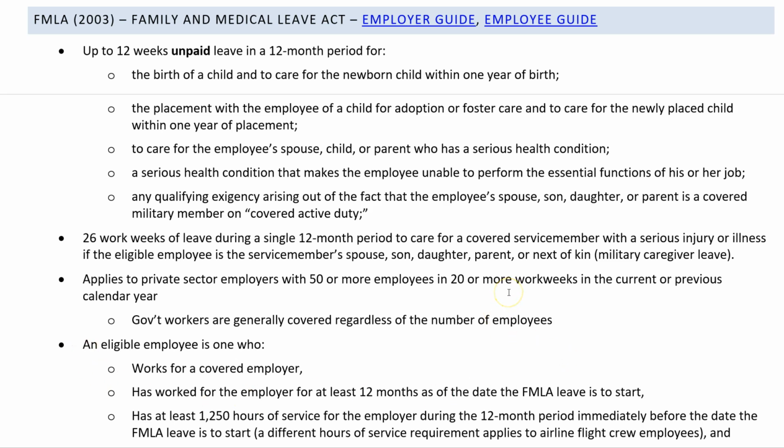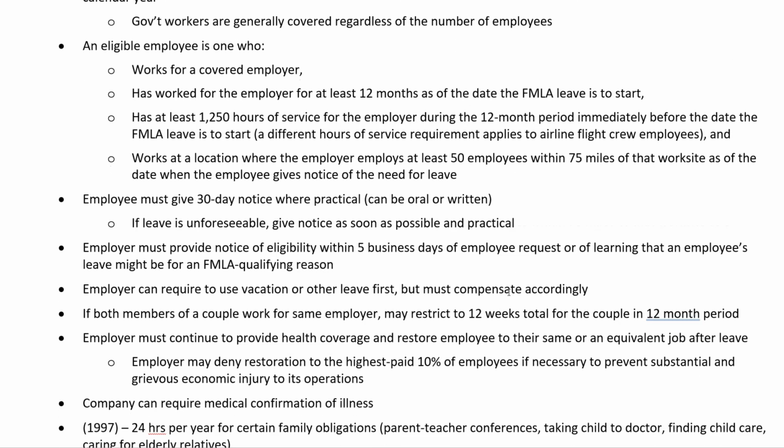So who's an eligible employee? An eligible employee is one who works for a covered employer. Okay, so what we just talked about. Has worked for the employer for at least, here's a key one right here, at least 12 months. So in order to be covered under FMLA, you have to have been working for your employer for at least a year.